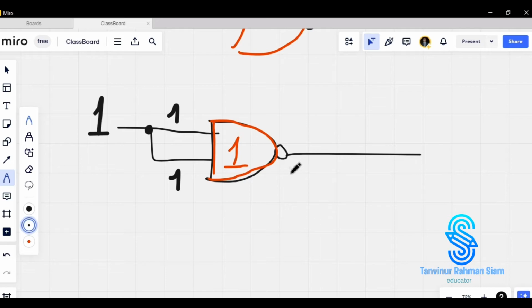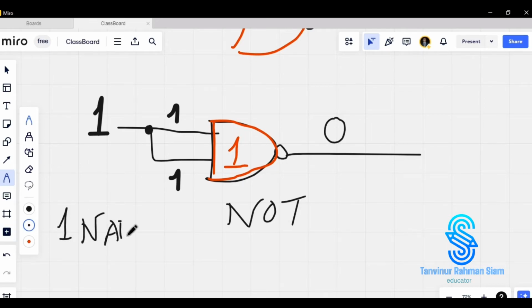That means it inverts: if there is 1 here, the answer will be 0. If there is 0 here, the answer will be 1. Just vice versa. So there will be 0. So it's acting like a NOT gate. So one NAND gate is equivalent to one NOT gate.